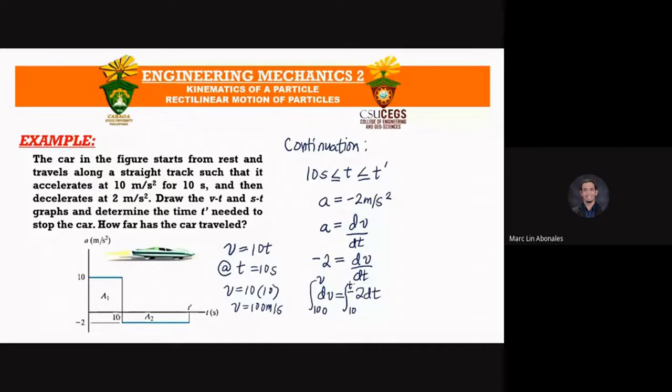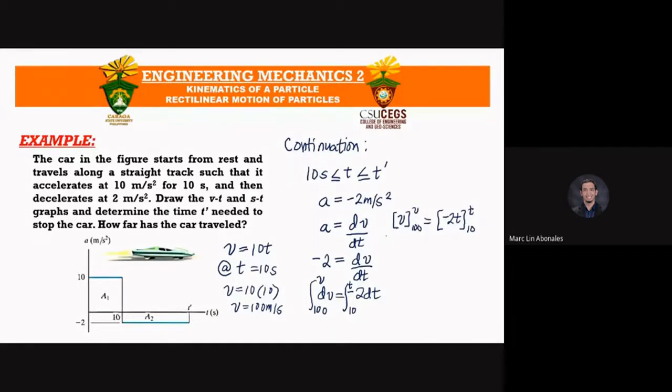So we will integrate this. This would be v, from 100 to v, is equal to negative 2t, from 10 to t. You just substitute the upper and lower limits, upper minus the lower.